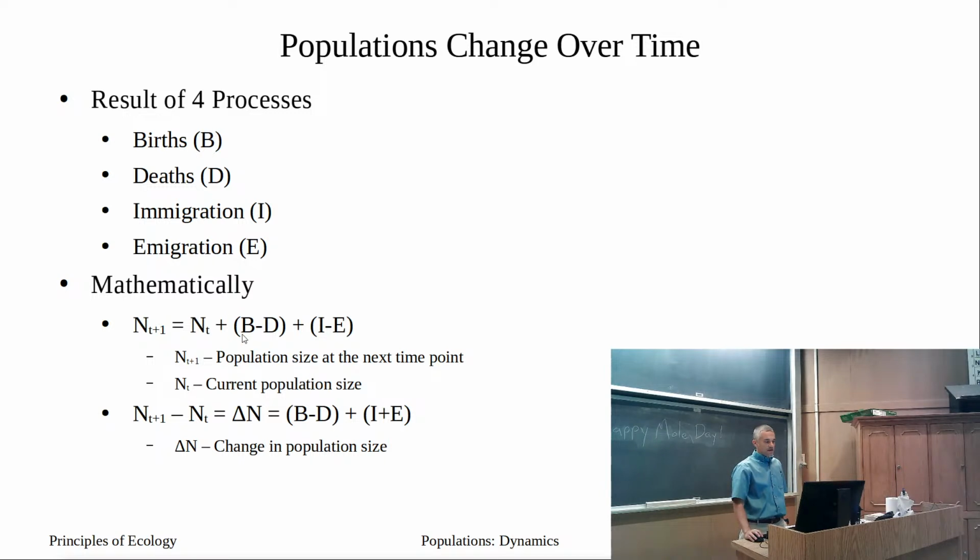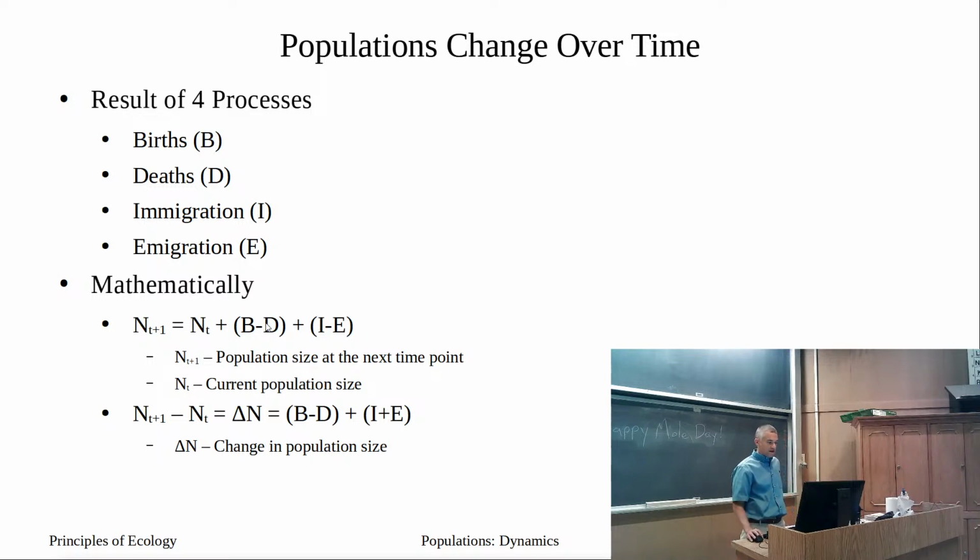So we're going to have births and deaths. We're going to add our births and subtract our deaths. And then we're going to account for migration. So we're going to add our immigrants and subtract our emigrants. And I've grouped these together for a reason: our births and deaths, and I minus E, or migration. I grouped them together because a lot of times we assume migration is 0, or net migration is 0, just to simplify our predictions and our equations.